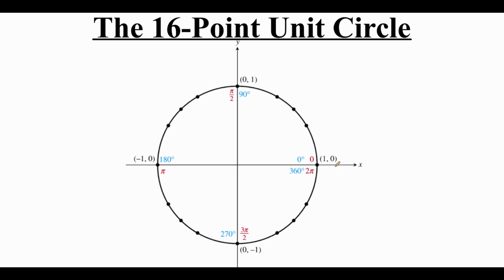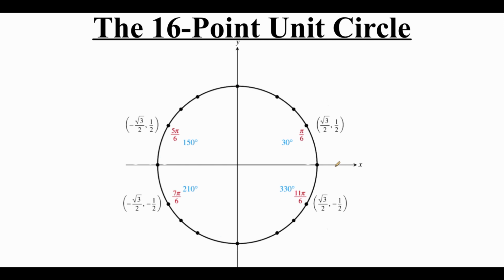Now I want to start taking a look at connections between some of the other angles. And we're going to start with all of the angles that have an over 6 in their radian fraction. So in the first quadrant, we've got pi over 6. In the second quadrant, we've got 5 pi over 6. Then we've got 7 pi over 6 and 11 pi over 6. Now notice with those ordered pairs, it's the exact same combination of values. It has a root 3 over 2 in the x value, and it has a 1/2 in the y value.